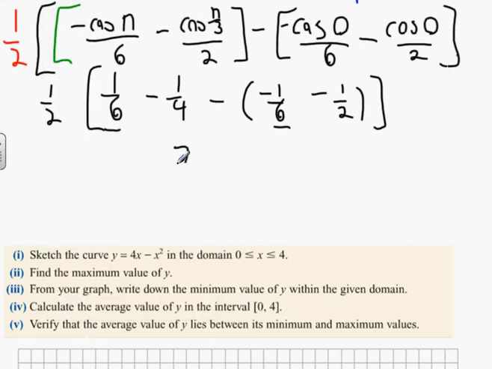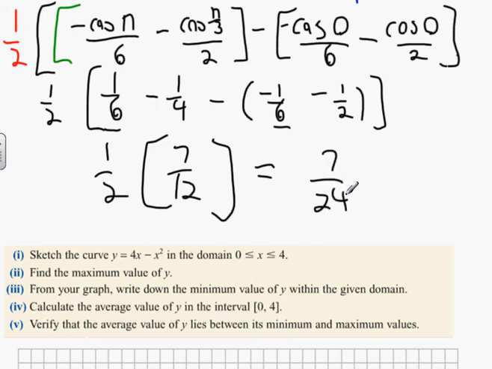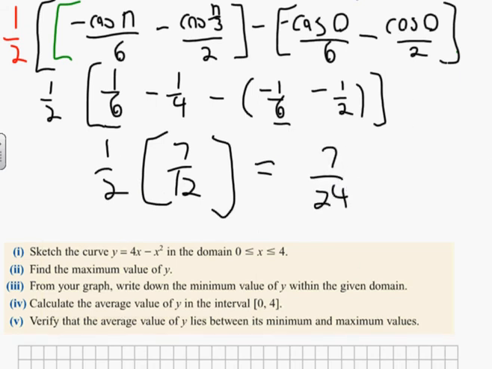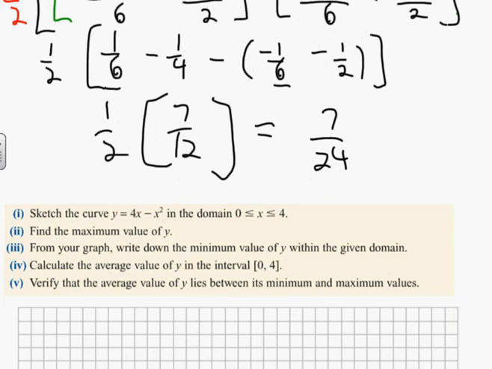You get 7 over 12. And the half on the outside gives me 7 over 24. Okay, so 7 over 24 for that.